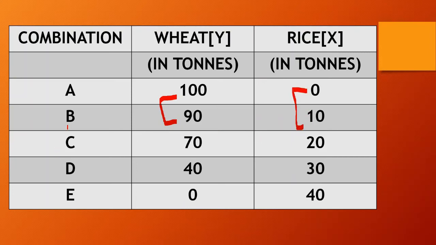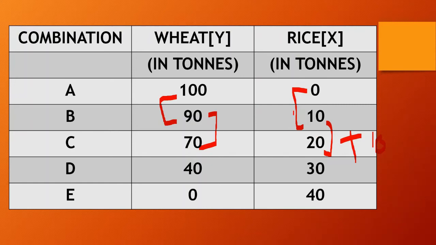Now from B to C, from 90 it has gone to 70. That means the reduction is of 20 tons. The increase over here is plus 10, from 10 tons to 20 tons, the production of good X is increasing.